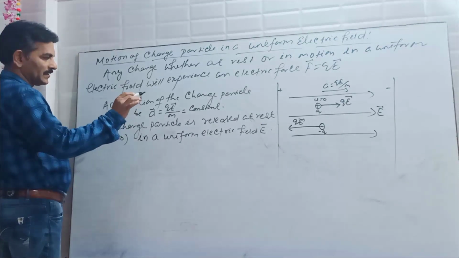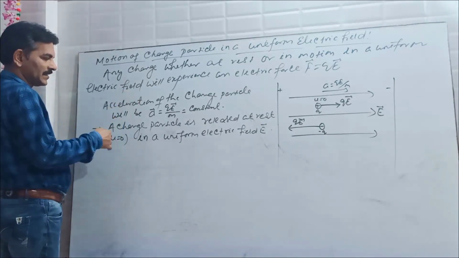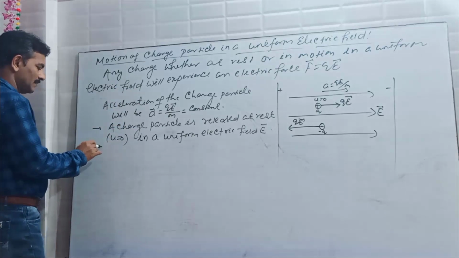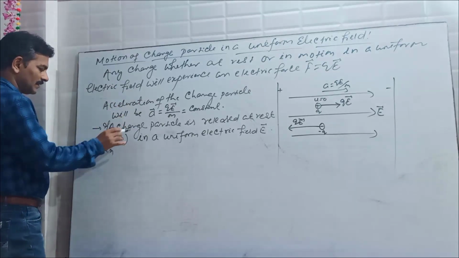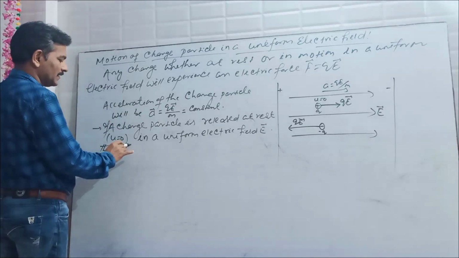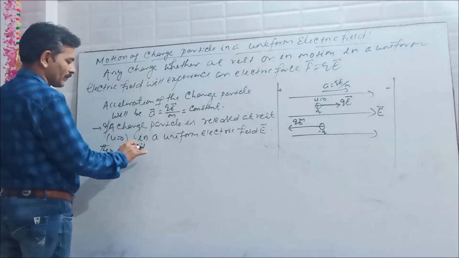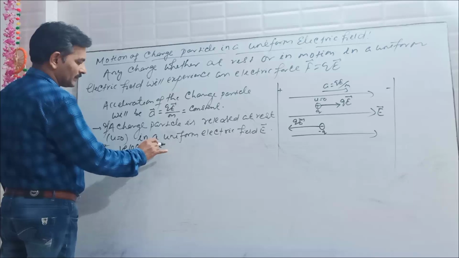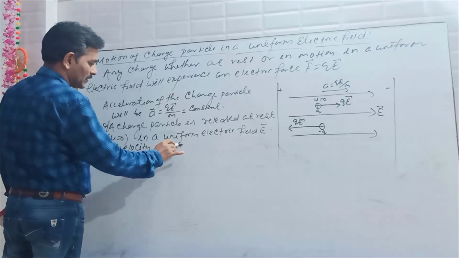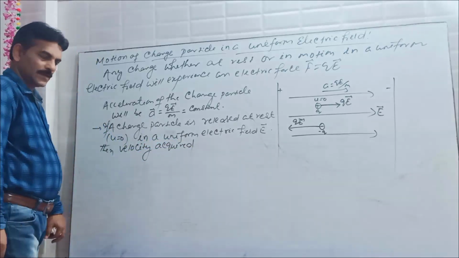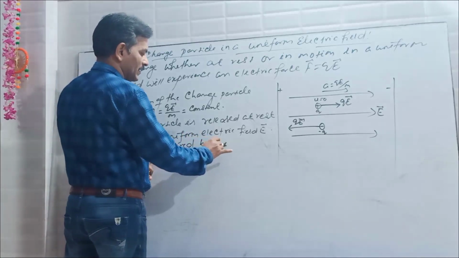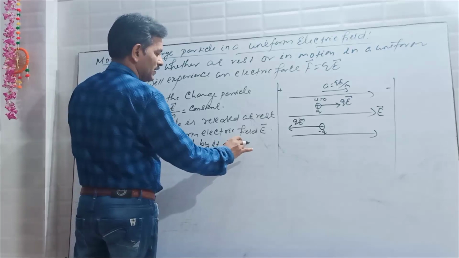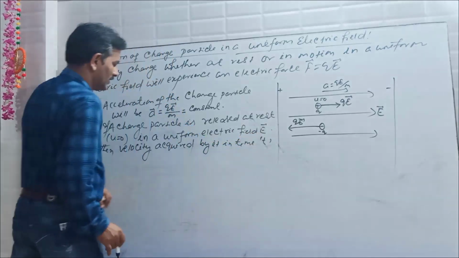A charged particle is released at rest in a uniform electric field. Then the velocity acquired by it in time t will be what?